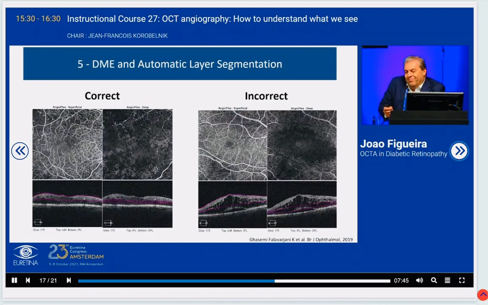One main issue and limitation has already been discussed in the previous presentation: the limitation of using this technology with diabetic macular edema.